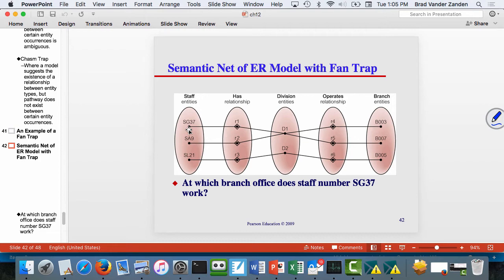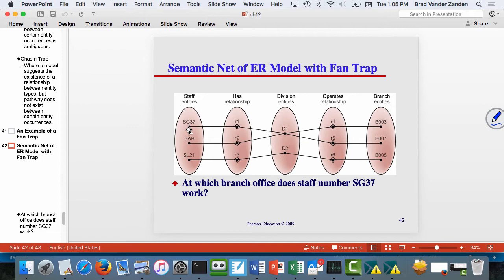Based on this? No. What are the possible branches? You can narrow it down. It could be B3 or B7, but we don't know for sure which one. So this is called a fan trap because it's a piece of information that we should have in the database. We should be able to answer the question of which branch SG37 works at, but we can't.